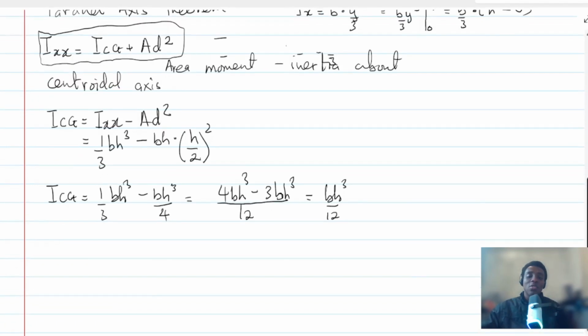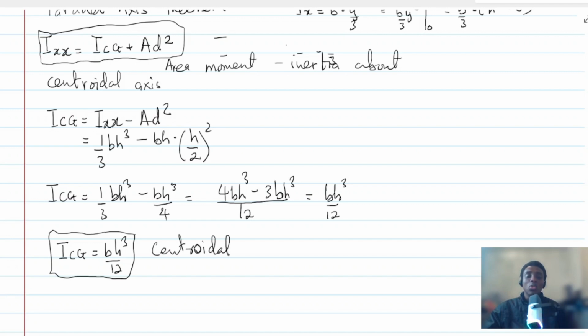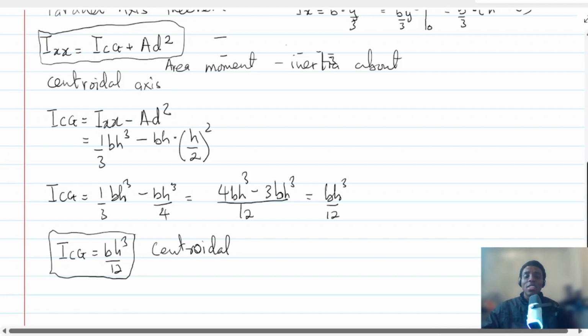And this formula is very important in the study of mechanics of materials, because this formula gives us the fact that if I have a rectangular cross section, then the area moment of inertia about the centroidal axis is given by bh cubed over 12. Okay, so this is about the centroidal axis, and this is what is used mostly in questions, unless you have been given a certain axis.